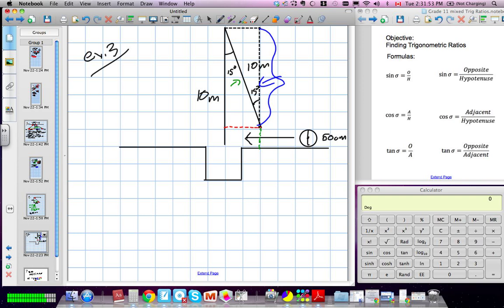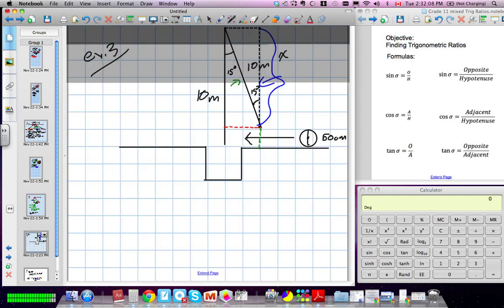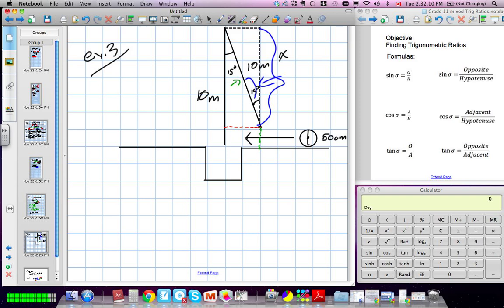Our hypotenuse is 10 meters. We're looking for this height, so we'll call it x. Now, in order to find this, we've got to set up a ratio. We have this angle, which is 15 degrees, and we have the hypotenuse. What side is this considered to the angle? That's considered the adjacent side. We know the hypotenuse is 10.